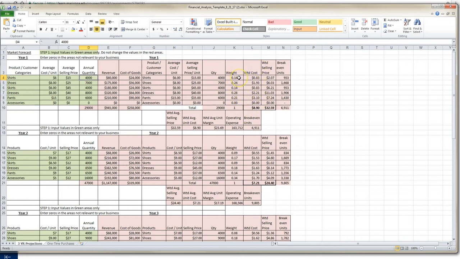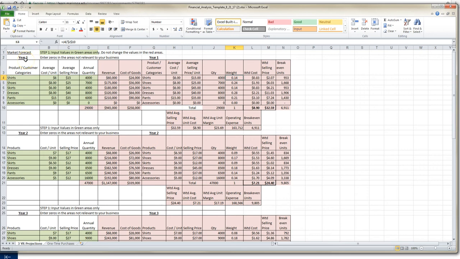If not, you can actually click on these individual cells, and looking at the formula bar, you can see how each one of these numbers is calculated. But even if you don't understand Excel very well, you can still use this tool to get to information that can be helpful in your analysis. I'll talk about the break-even calculations in a moment.